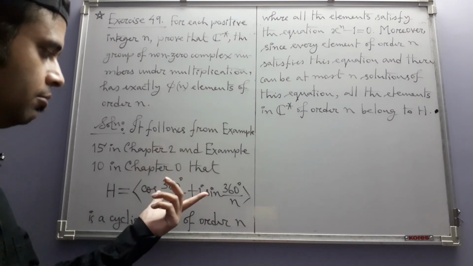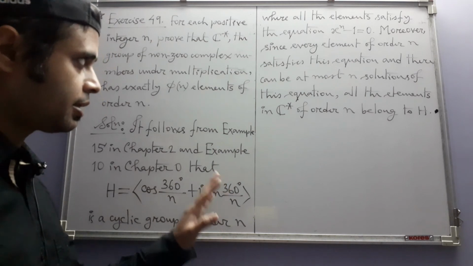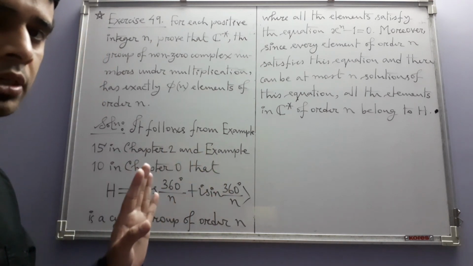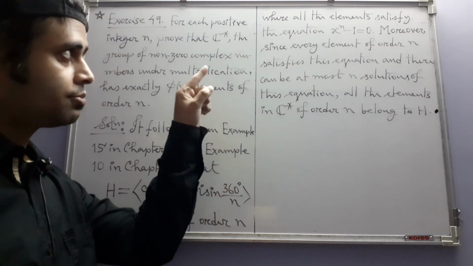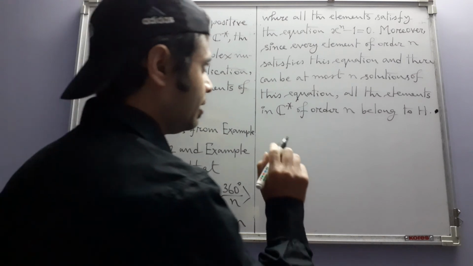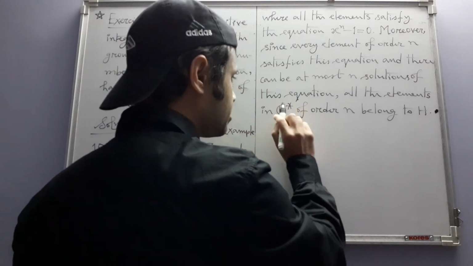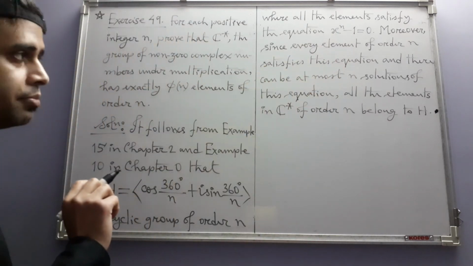We are not saying that all the elements in H have order n. That's not what we are saying. We are just saying that all the elements in H satisfy this equation. And any element in C star that has order n must satisfy this equation.